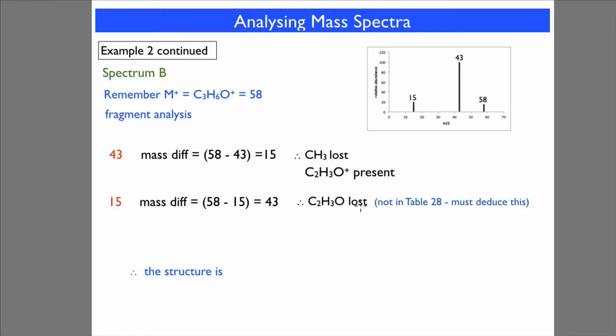It's not on the table, but it's fairly easy to work out. And this would leave us with a CH3+. So it's fairly simple, and so the structure will be the ketone. We've got the C2H3CO here, just losing one methyl group, or obviously the other way around, lose this whole group and be left with a methyl.